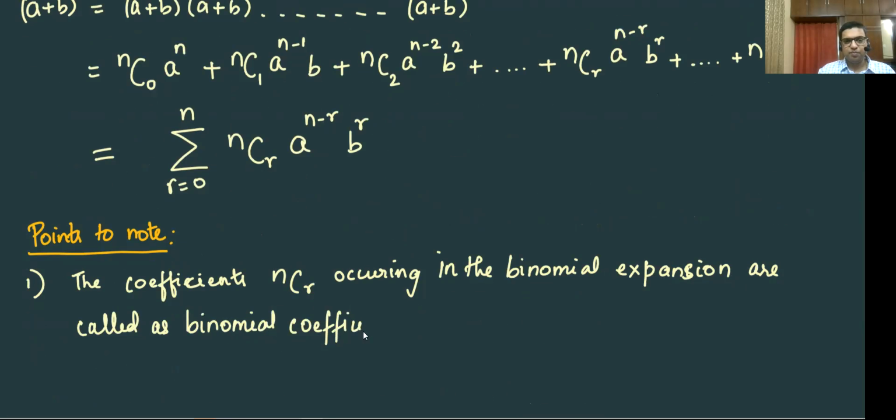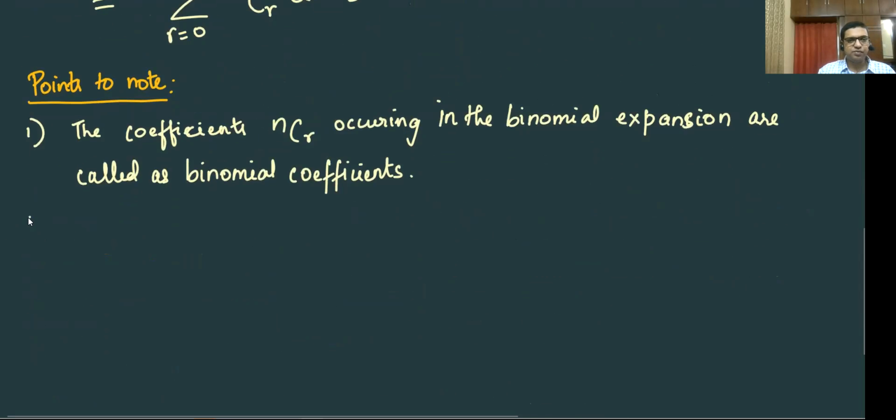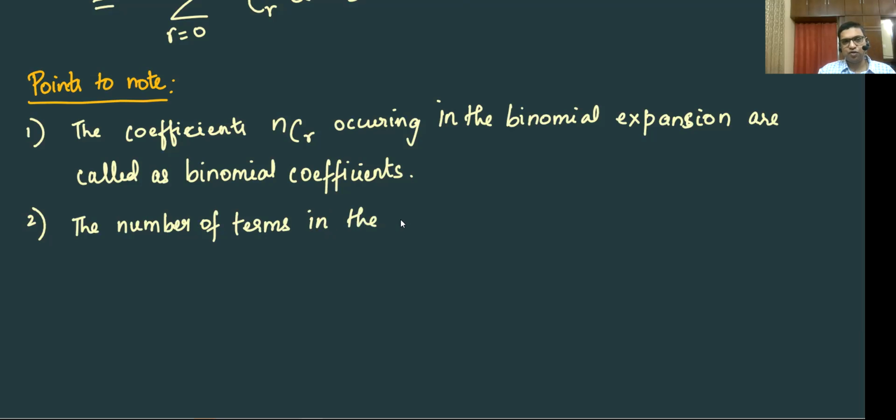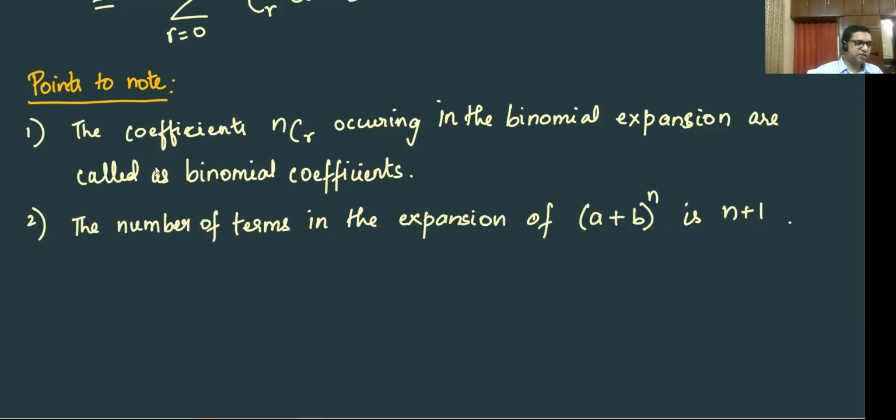Second, the number of terms in the binomial expansion of a plus b whole power n is n plus 1. A binomial expansion has n plus 1 terms.